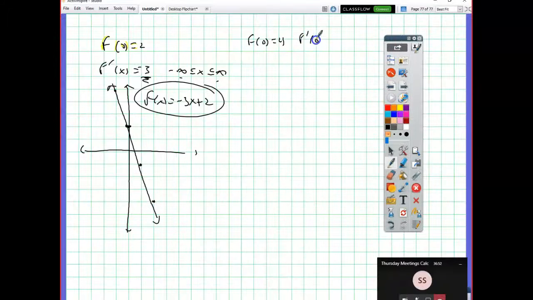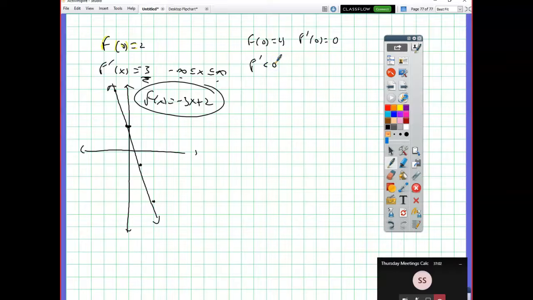The derivative at 0 is also 0. Agreed? Okay. Then it says that when the derivative's less than 0, what does that mean? It's negative, right? When x is less than 0.